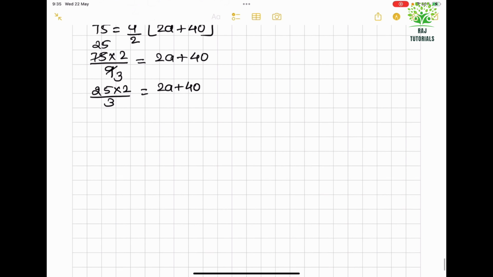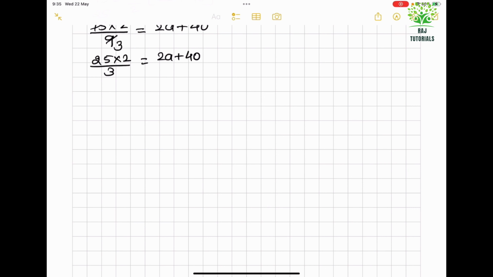So 25 into 2 by 3 equal to 2a plus 40. So 25 into 2 will be 50. 50 divided by 3 minus 40 equal to 2a. So 50 minus 120 divided by 3 equal to 2a. So minus 70 upon 3 into 2 divided by 2 equal to a.